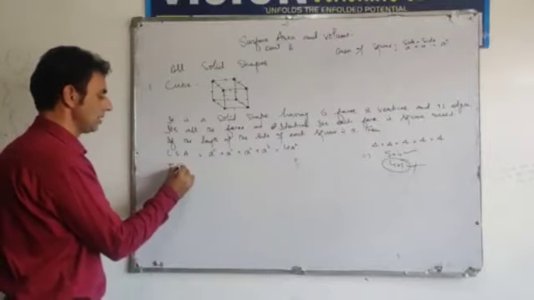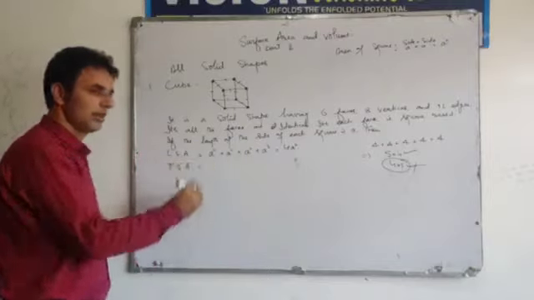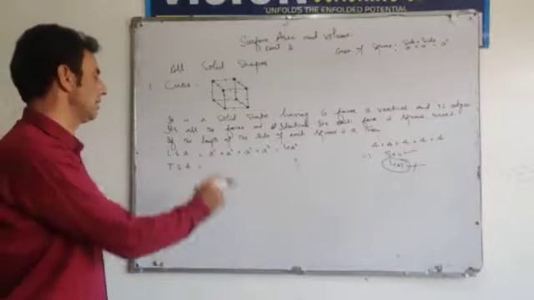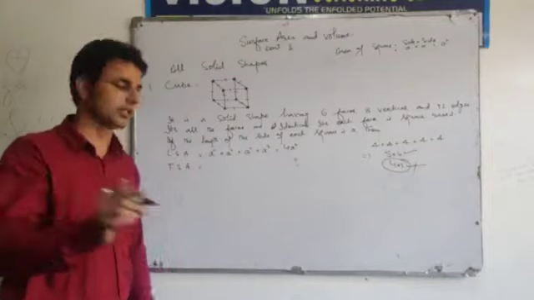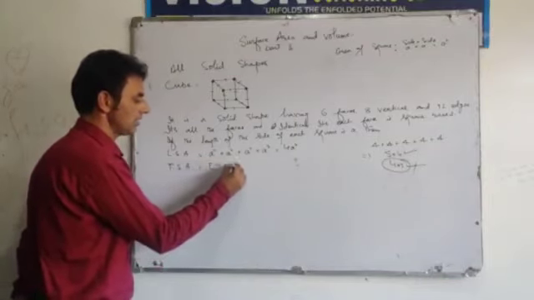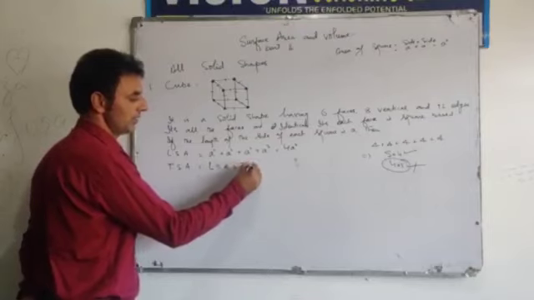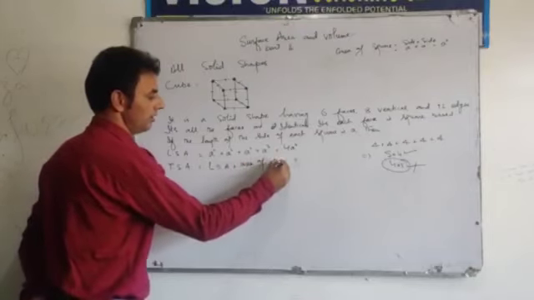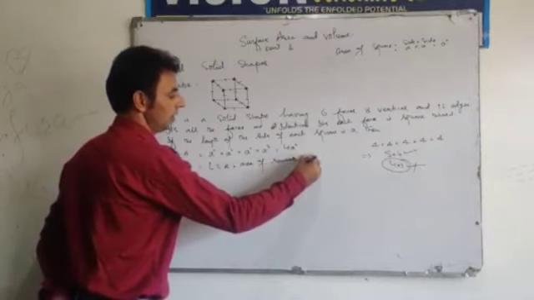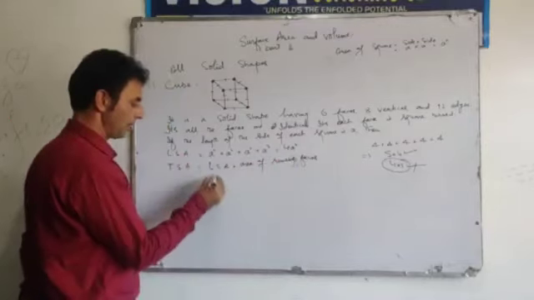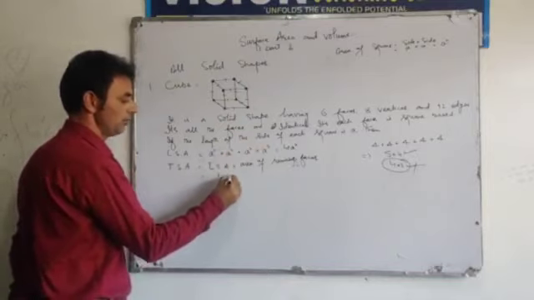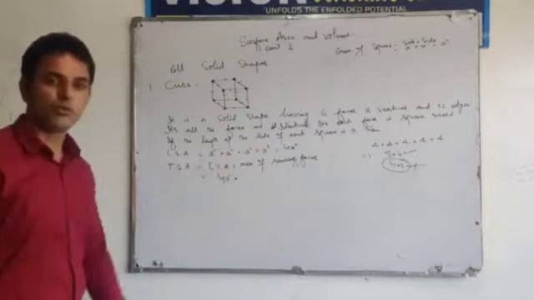Now it is total surface area. In the previous video lecture, I have told you that total surface area is calculated as lateral surface area plus area of remaining faces. Lateral surface area of this cube is 4a square.